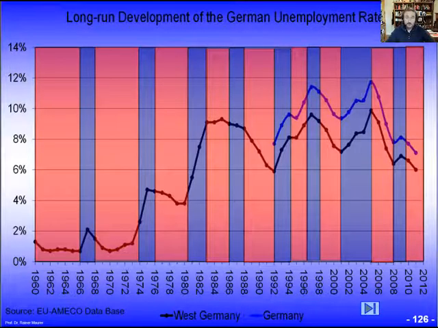It is also observable that the unemployment rate typically decreases if the economy enters an upswing period, the red areas, like here, or here, here, here, and here, for example. So insofar, most of the time the economy behaves in the same way as predicted by the Keynesian model.